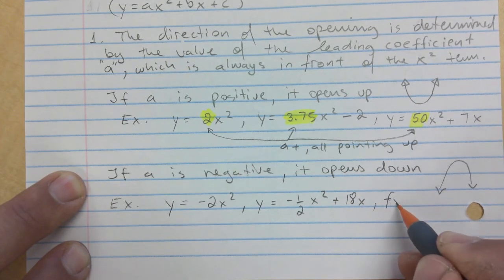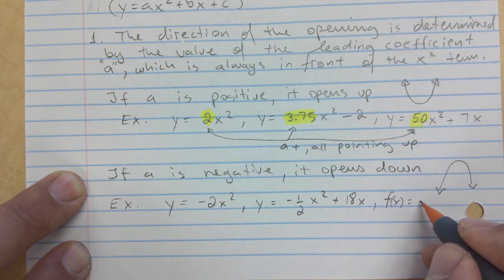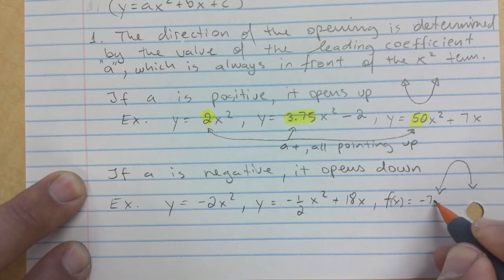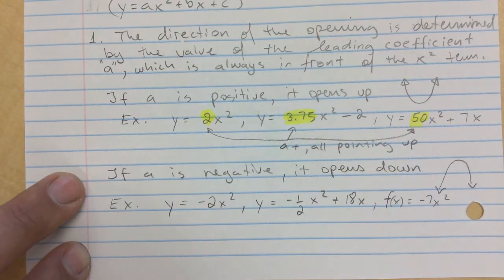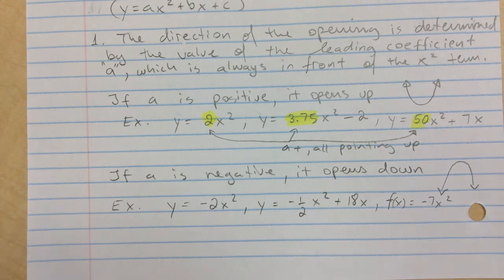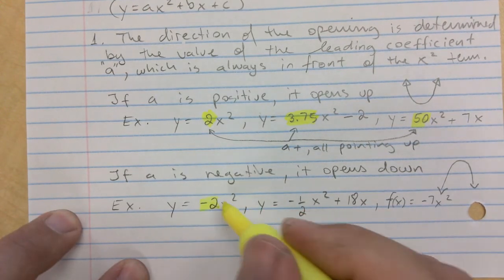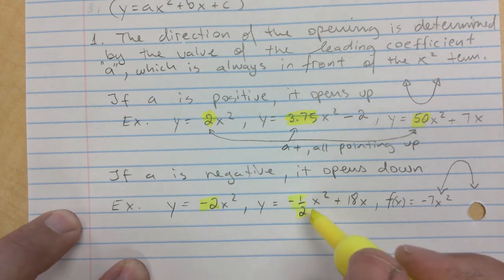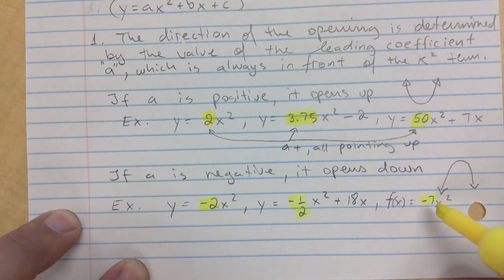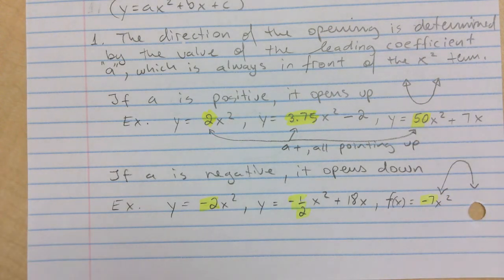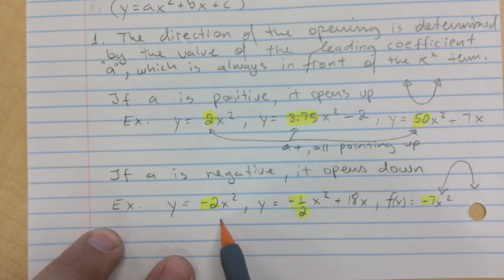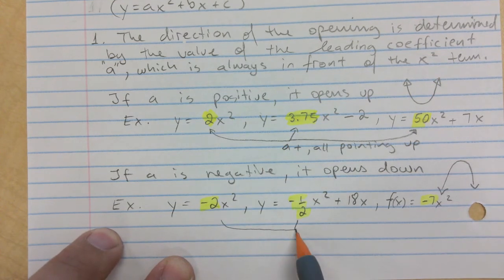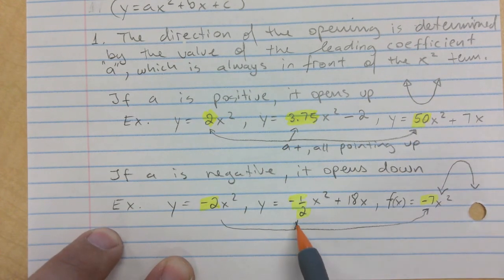Let's do an f of x, why not? f of x is negative 7x squared. It doesn't matter what follows, it's always a negative, right? Every single one of these, and if you don't believe me, you could enter them into your calculator and see for yourself.